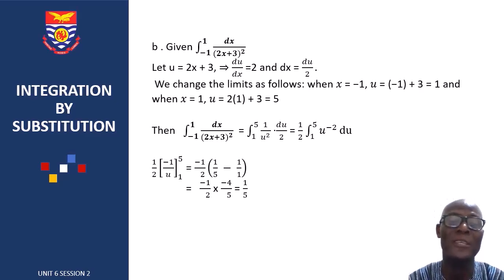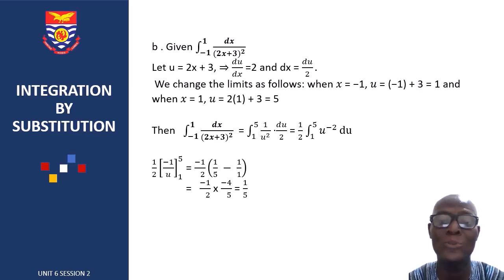Now we change everything from x to u, which means the integral with -1 as the lower limit, upper limit 1, dx over (2x + 3)^2 is now equal to our new limits, the lower limit 1, the upper limit 5, of 1 over u^2 times du over 2, which is the same as the dx we made the subject, which equals 1 over 2. Since 1 over 2 is a constant, we bring it out.